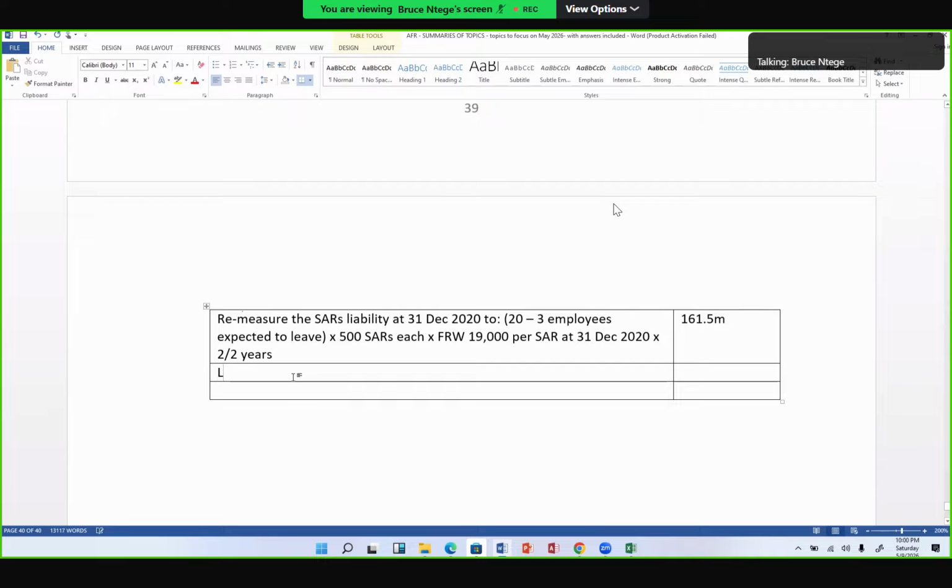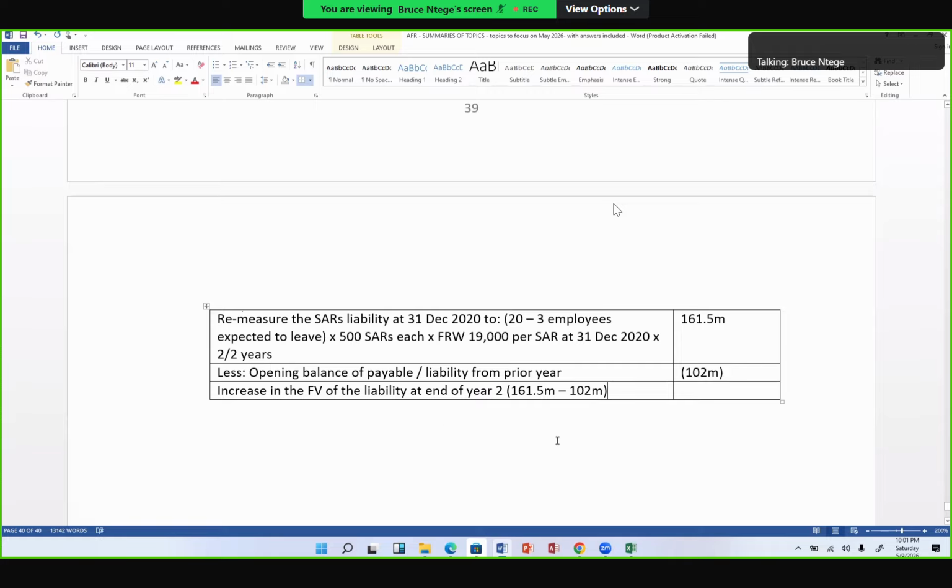So the fair value of the liability at the end of year 2 is mathematically the difference between 161.5 minus 102 million. On my calculator, 161.5 minus 102, I have 59.5.